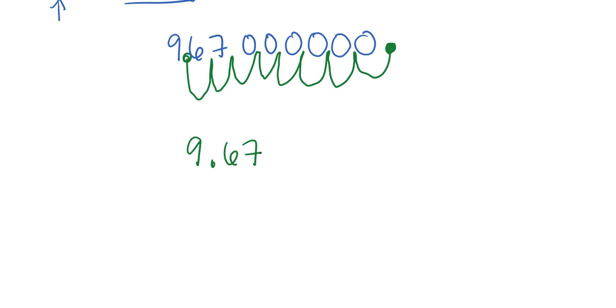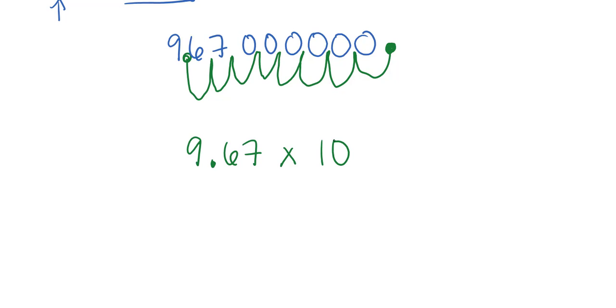We don't need to add the zeros because they're just trailing zeros that don't mean anything after a decimal. So let's leave it as 9.67. Now we have just one number to the left of the decimal. That's perfect. And we go times 10.